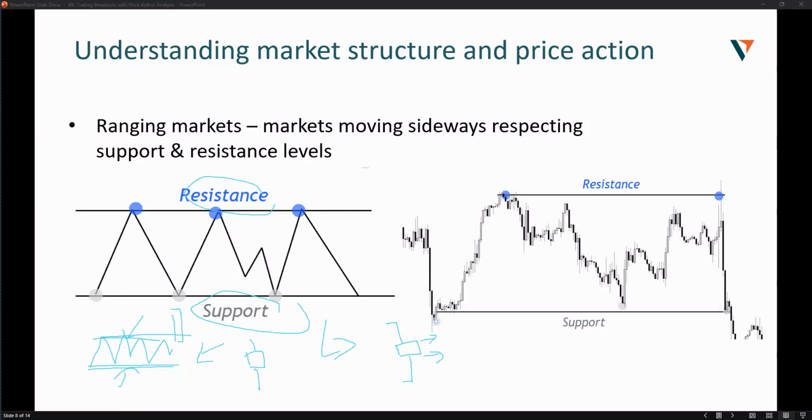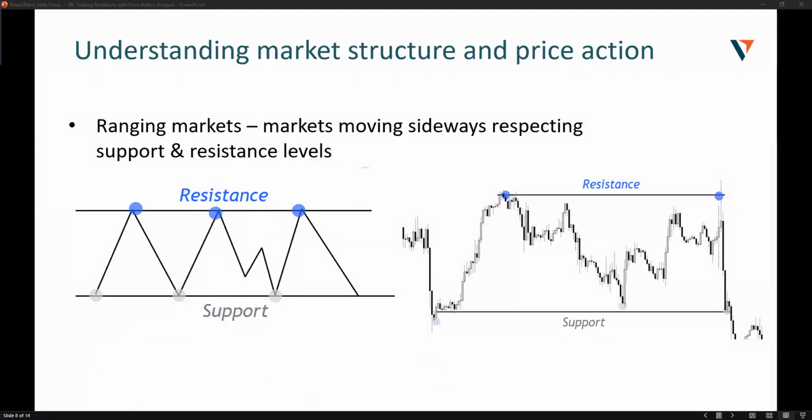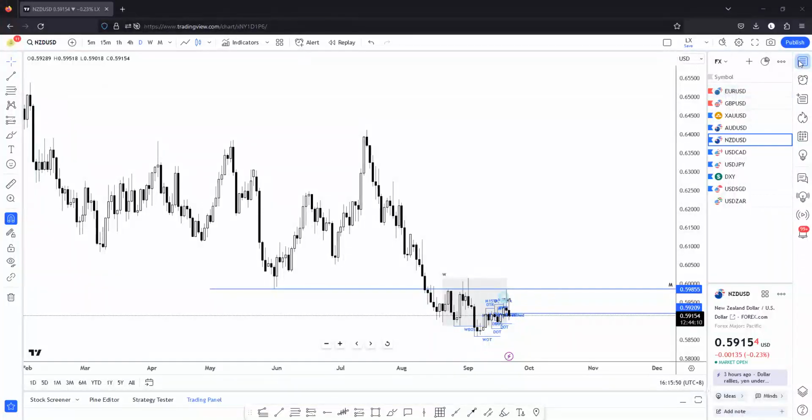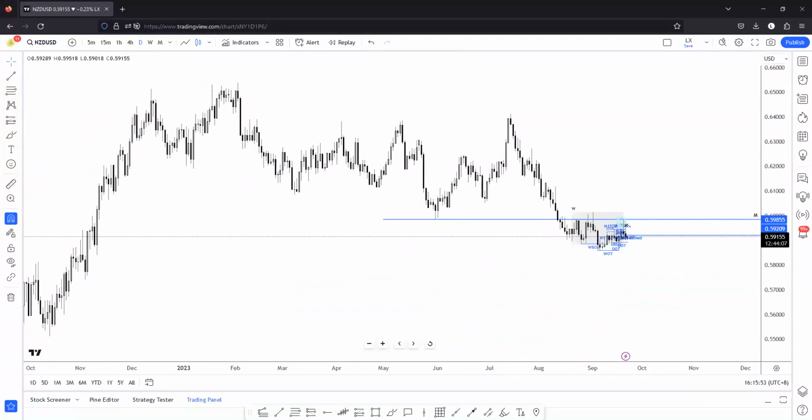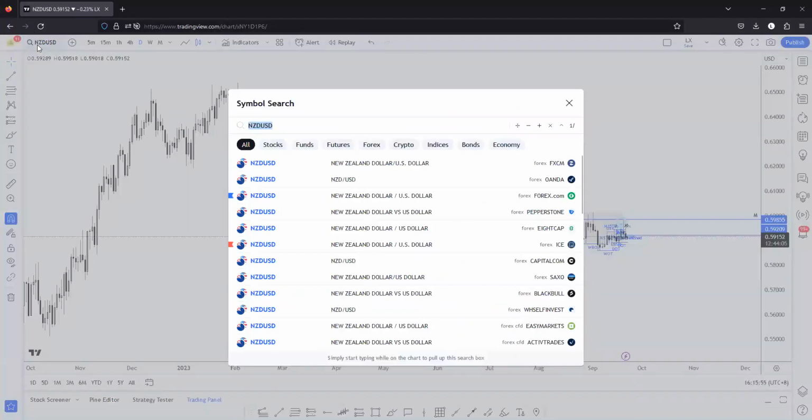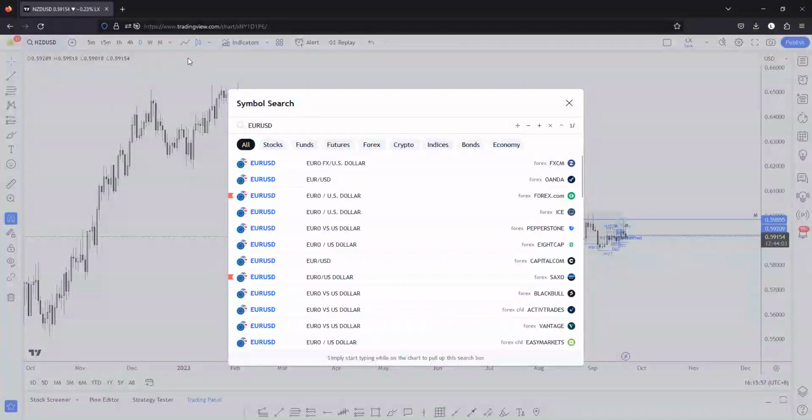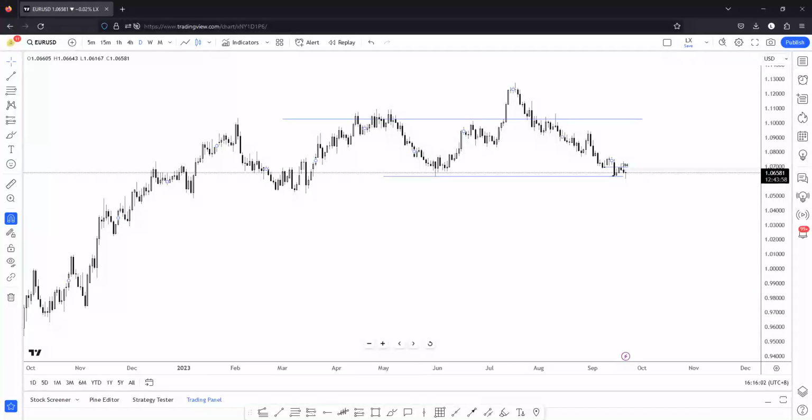Let me see if I have it on euro dollar. Okay, so let's see here. I hope you can see my screen, for those of you guys who are looking at this.